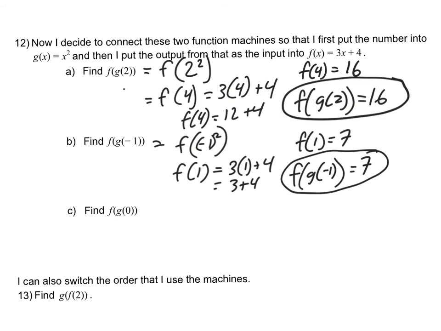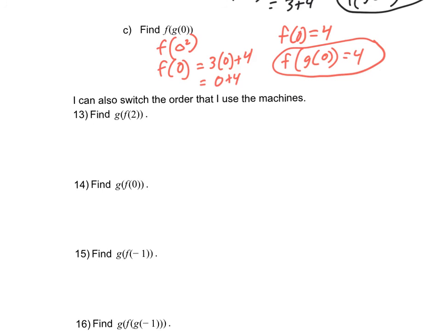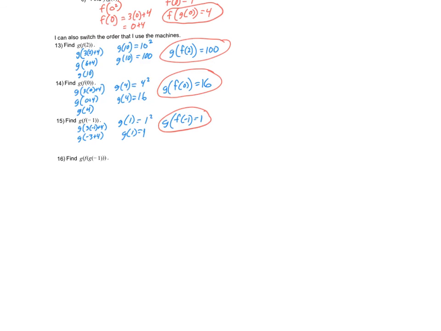All right, go ahead and try C. So there's my answer. F of g of 0 equals 4. Go ahead and try 13, 14, and 15. Always remember that you're doing the inside part first and then finding the outside part of the output that you get for that. All right, take a look at those answers.